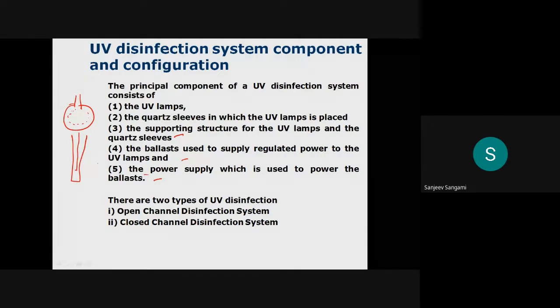When it is switched on, the light will be on, the rays will be emitted from this, and it will be captured.